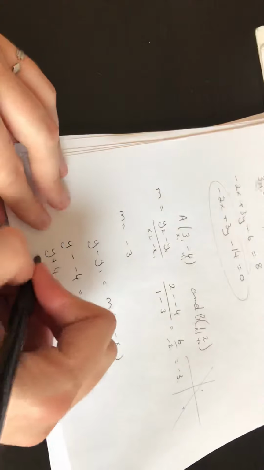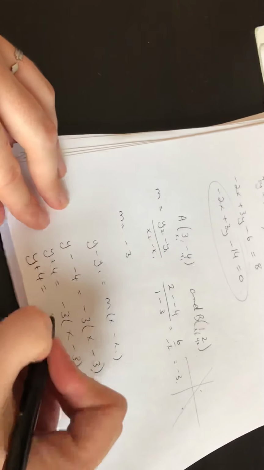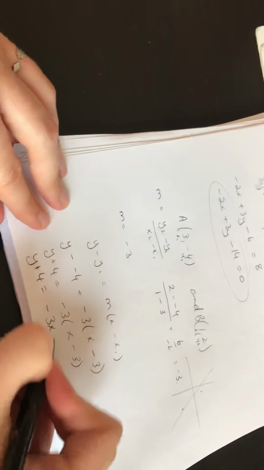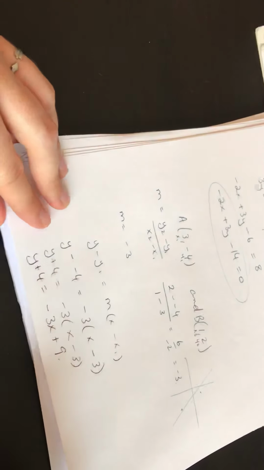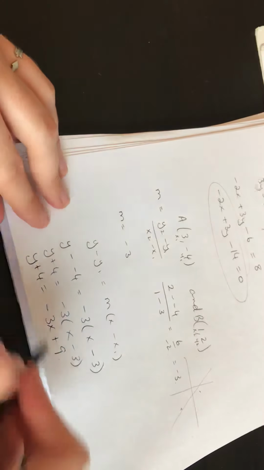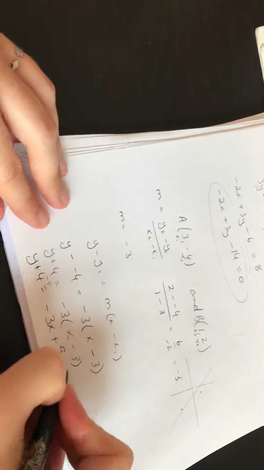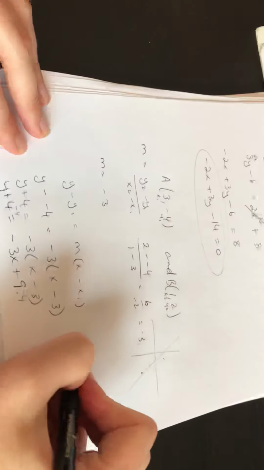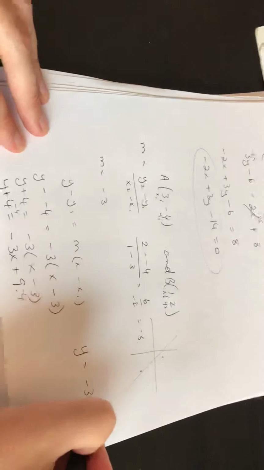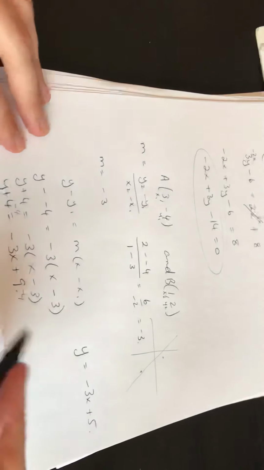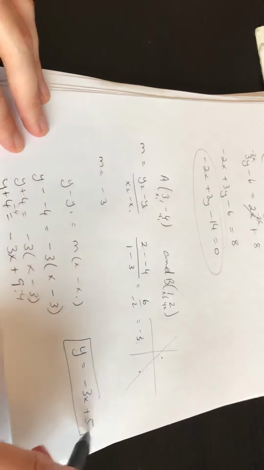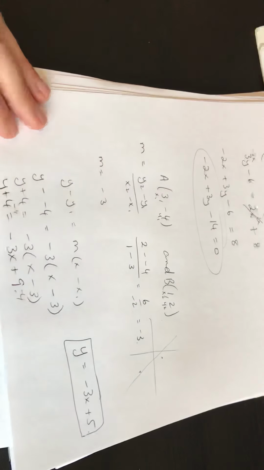I'm going to multiply out my bracket. Y plus 4 is equal to minus 3x plus 9. And then move it around whatever way you want. I'm going to maybe just subtract 4 from both sides this time. Make it look a little bit different. Y equals minus 3x plus 5. Is that the equation of this line? Well, sub in and just verify.